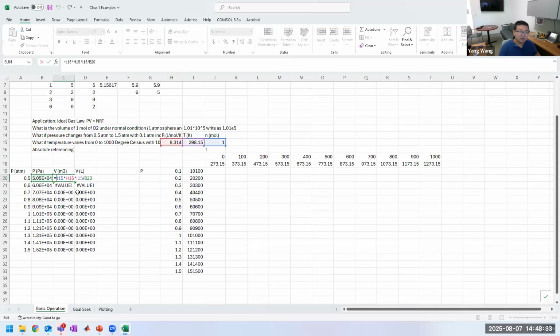So that's where we can start to use the absolute reference. If you want to fix these constants, you type in a dollar sign before the column letter and the row number.